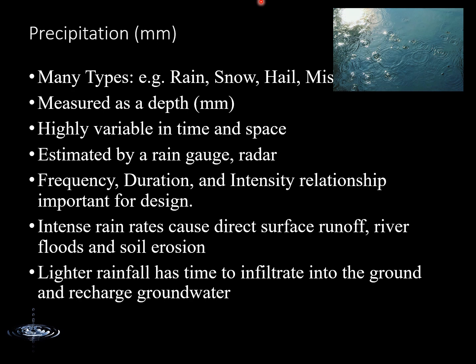And this can be particularly problematic in areas with poor drainage, steep topography, and impermeable soils. On the other hand, if there is a light rainfall, that means it has more time to infiltrate inside the ground, and that will help to recharge the groundwater and also support the vegetation growth.